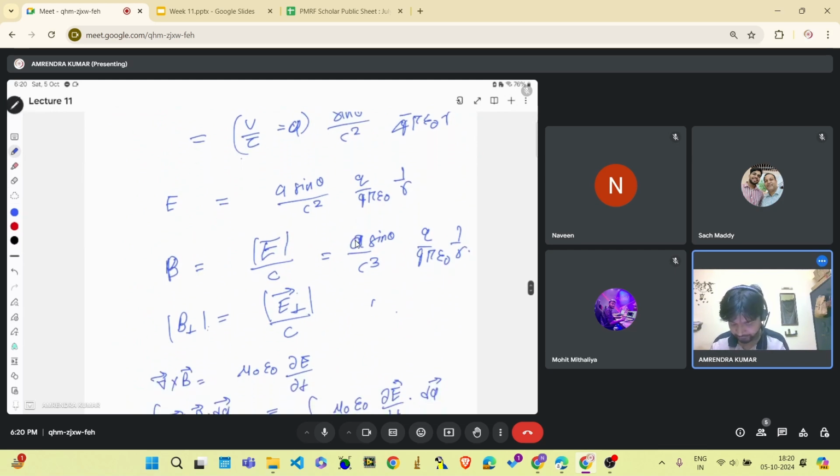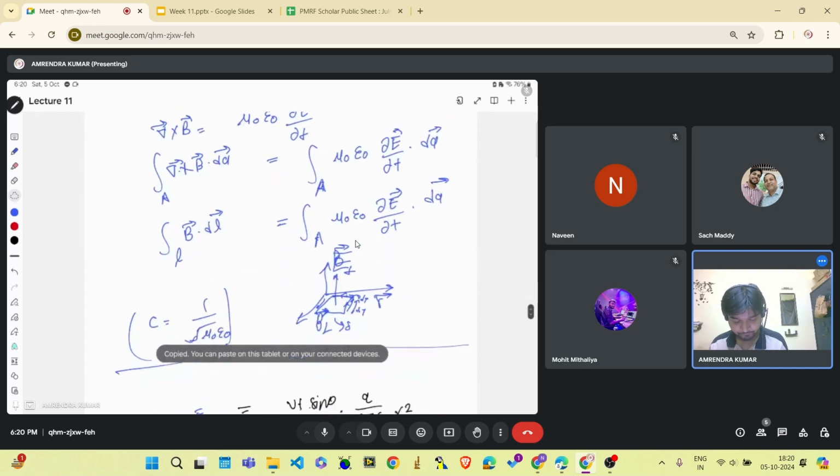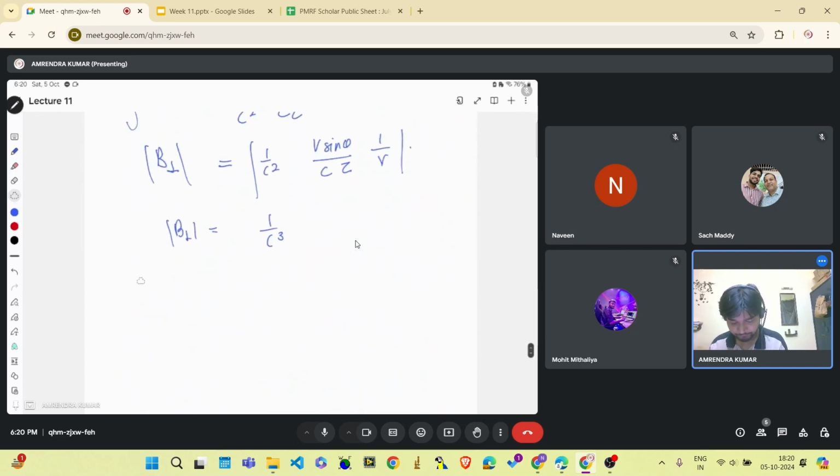Because this was the E field. So just we can compare. So this C Q, this 1 over 4 pi epsilon naught.